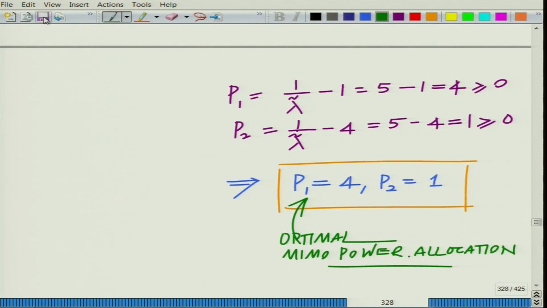This is a very interesting and I would say a very high impact application of the singular value decomposition. You start with the MIMO channel, convert it into a decoupled channel. Look at what is the output SNR for each channel, ask what is the output rate, the maximum transmission rate, and look at what is the sum rate, and then maximize this sum rate subject to the transmit power constraint, that is P naught, and the optimal powers are given by the water filling algorithm.